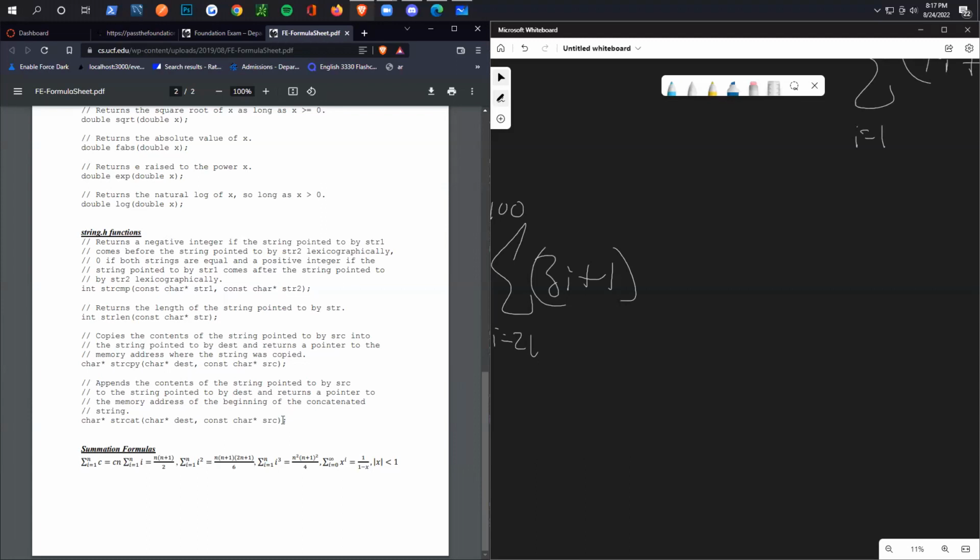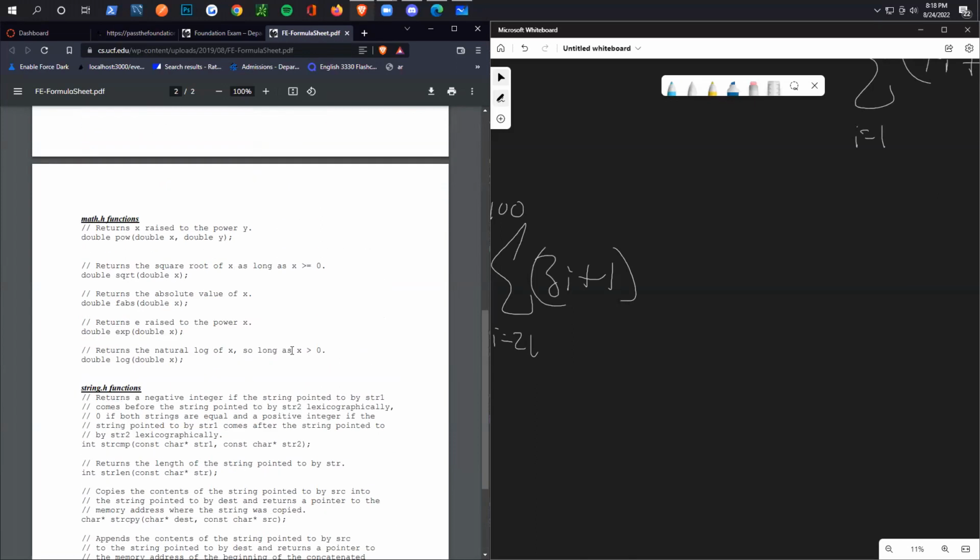If it's not in here, don't use it. Just go by that.